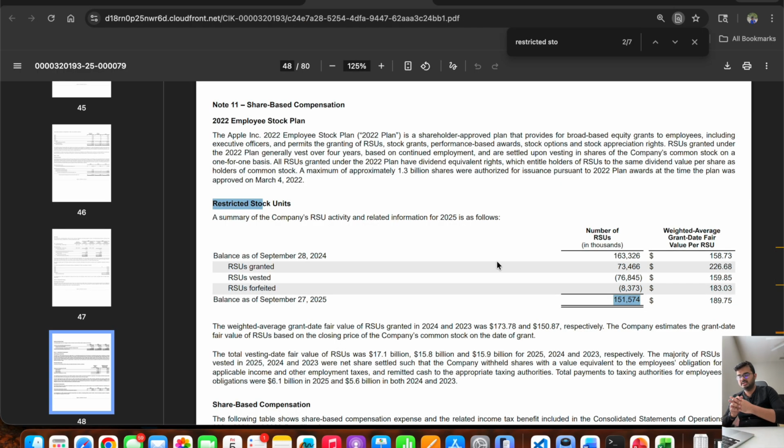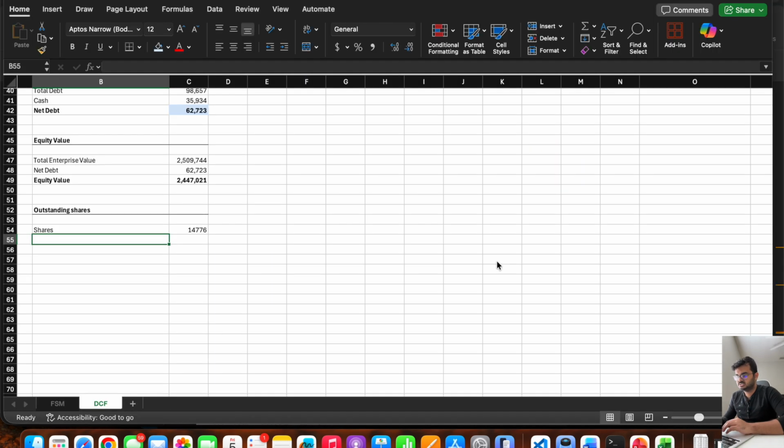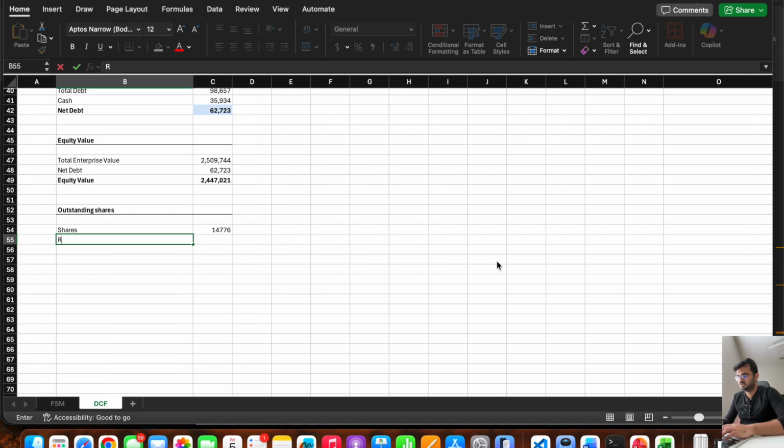There might be multiple other scenarios, like they could have options and others, but that information is not available in Apple's recent 10K, so I'm assuming only RSU is available. So I'll just take the RSU, which is restricted stock unit, then put that number. It is 151.